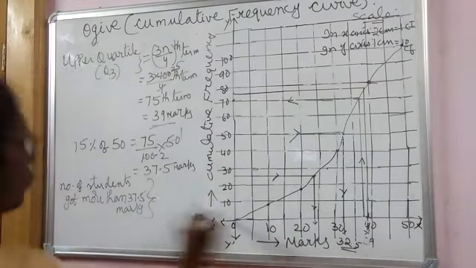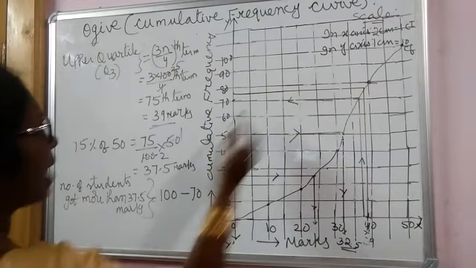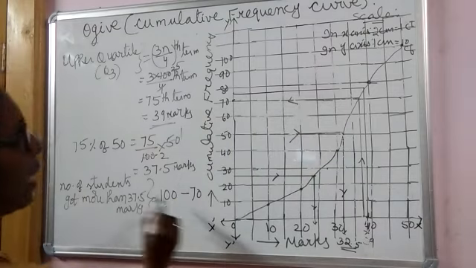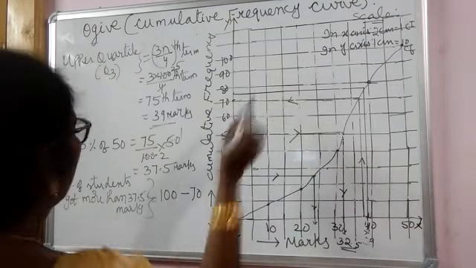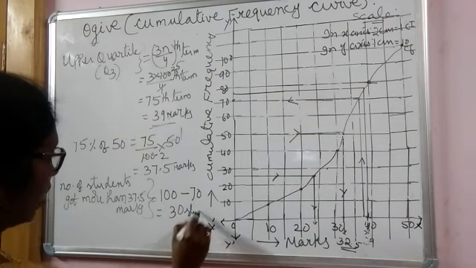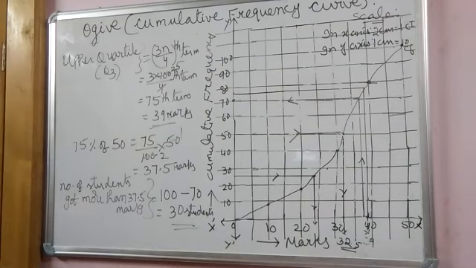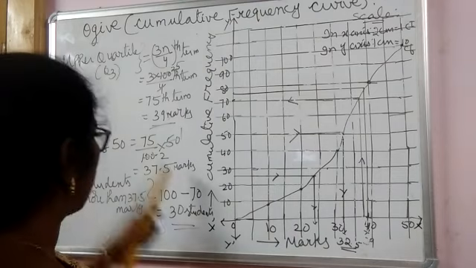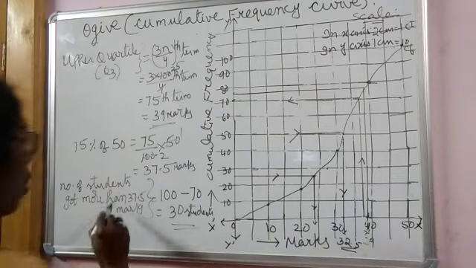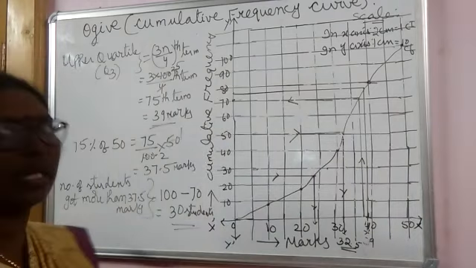That means from 100 subtract 70, and this gives you 30. 30 students got above 75% marks. 75% of 50 is 37.5, so more than 37.5 marks, 30 students.